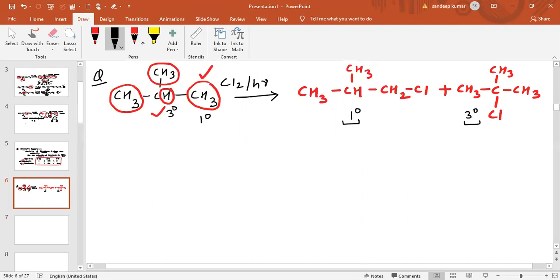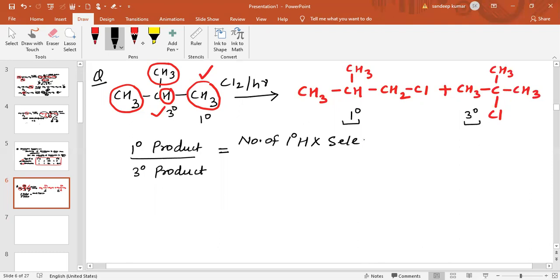Now see the ratio. I am comparing the ratio of the 1 degree product and the 3 degree product. For the 1 degree product, first we will use the number of 1 degree hydrogens multiplied by the selectivity of 1 degree hydrogen.